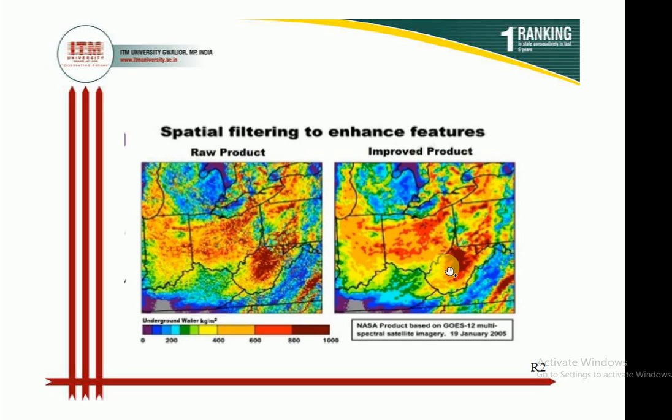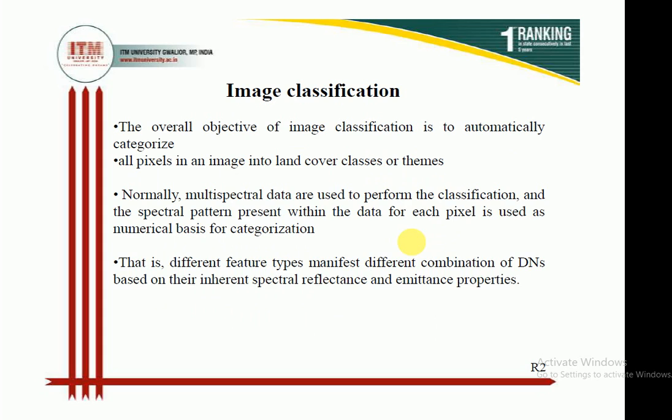The area surrounding this has less groundwater compared to the central region, but in this picture it is not clear. So in spatial filtering, individual area frequencies are enhanced so that the particular variation in an area can become more and more clear.